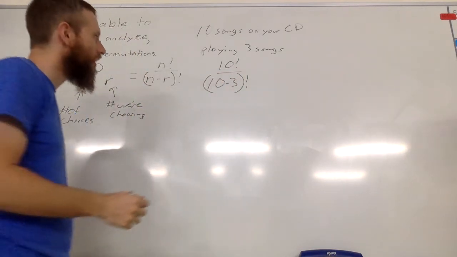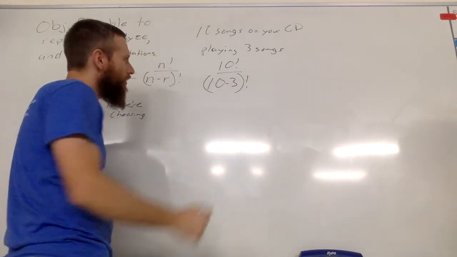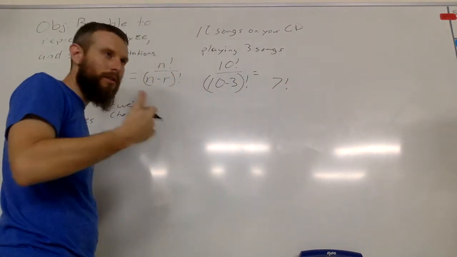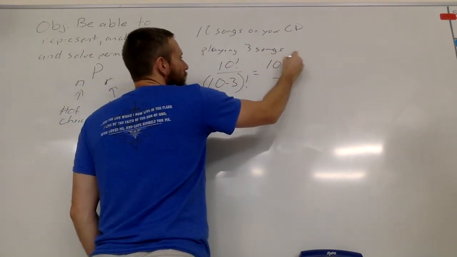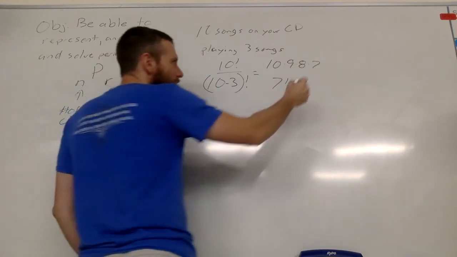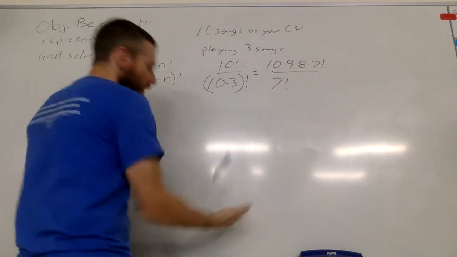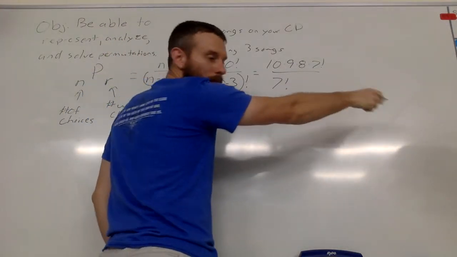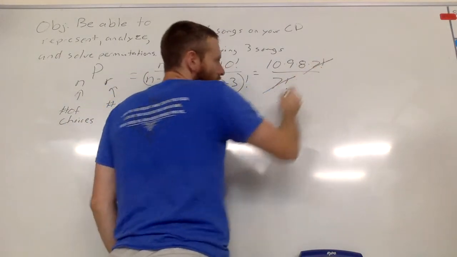Now in order to simplify this, 10 minus 3 is 7. We solve parentheses first, so that equals 7 factorial. We know that 7 factorial is 7 times 6 times 5 times 4, and so on. We don't have to write all that out. 10 factorial is 10 times 9 times 8 times 7 times 6 times 5, but we can just write the factorial at this point. If we were to write out all of those, they would end up canceling, so we can just cancel the 7 factorials.